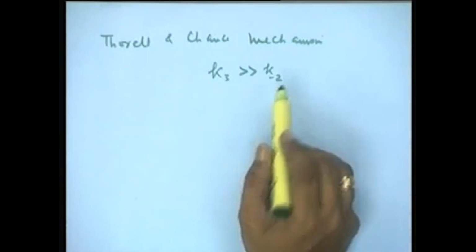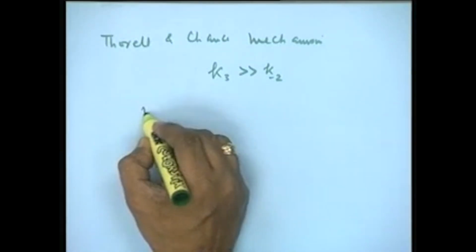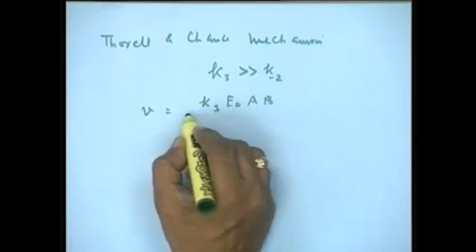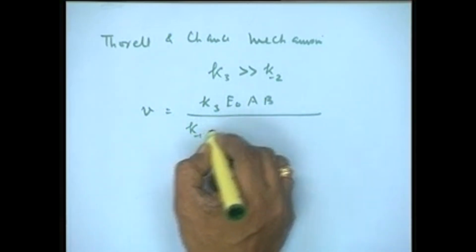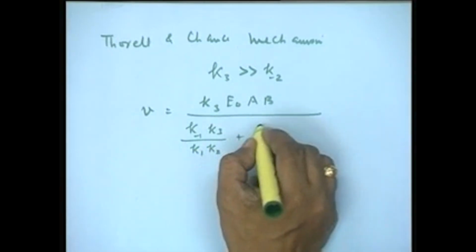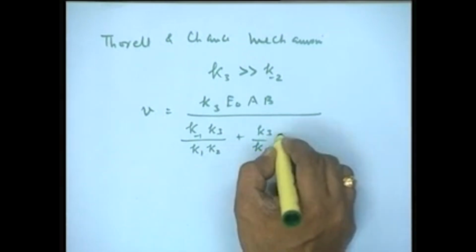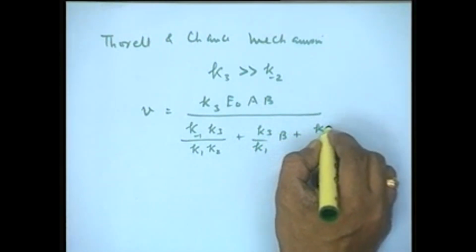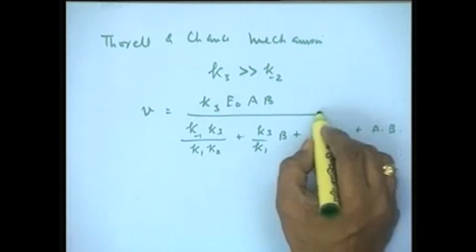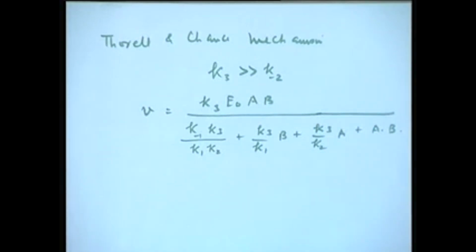although it is via EAB, but the complex EAB is not very stable, which essentially means that K3 is much greater than K2. You substitute that, and you get the rate expression as K3 E naught AB upon K minus 1 K3 upon K1 K2 plus K3 upon K1 into B plus K3 upon K2 into A plus A into B. Again the same pattern of generalized rate expression that we noticed in the case of ternary complex formation.